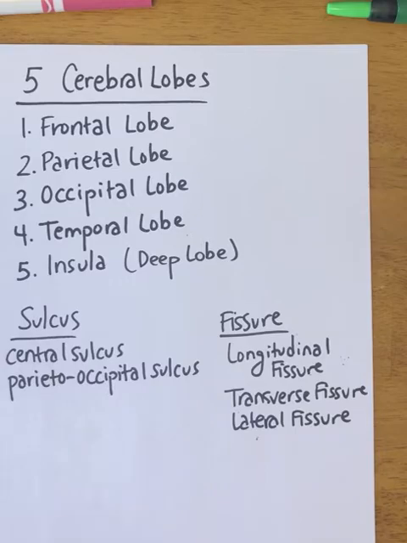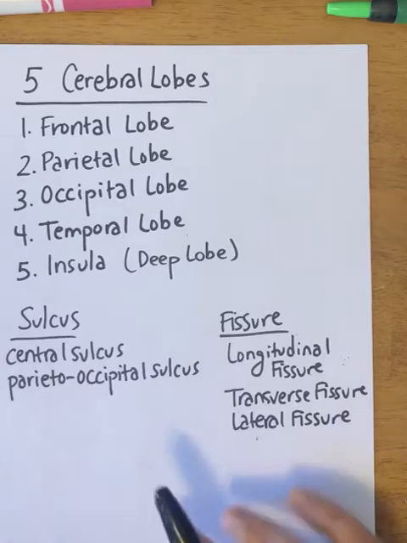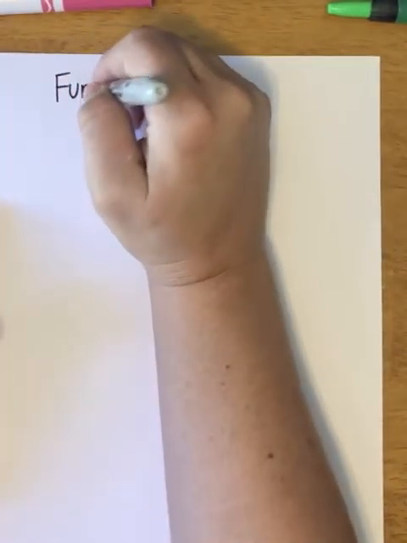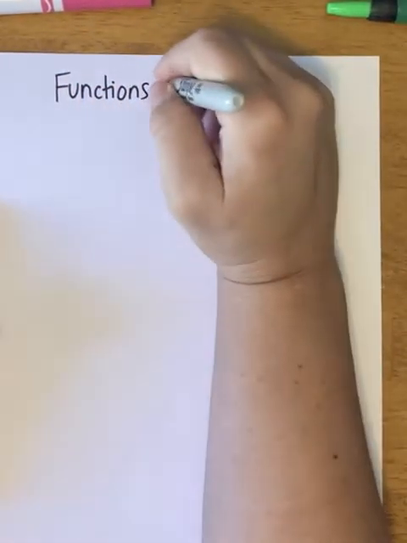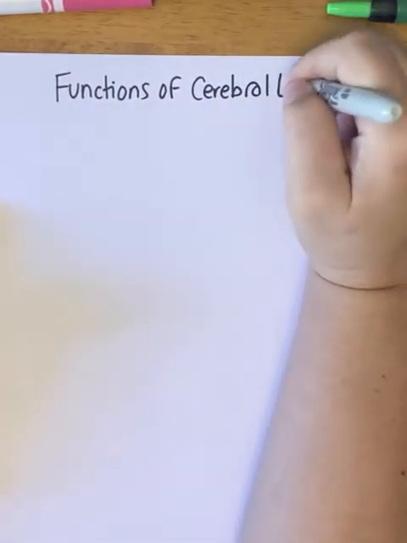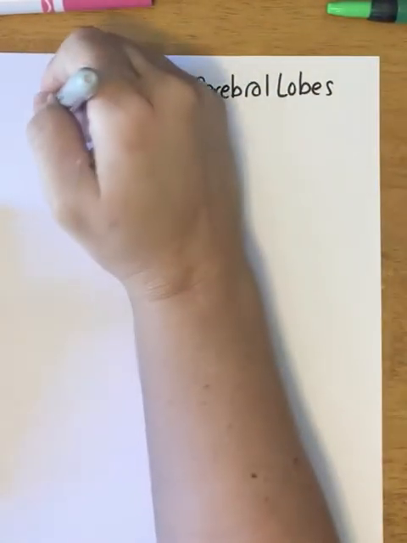So we're going to go over functions of cerebral lobes. I've color-coded most of them. This is just an overview. All right, we started out with our frontal lobe.